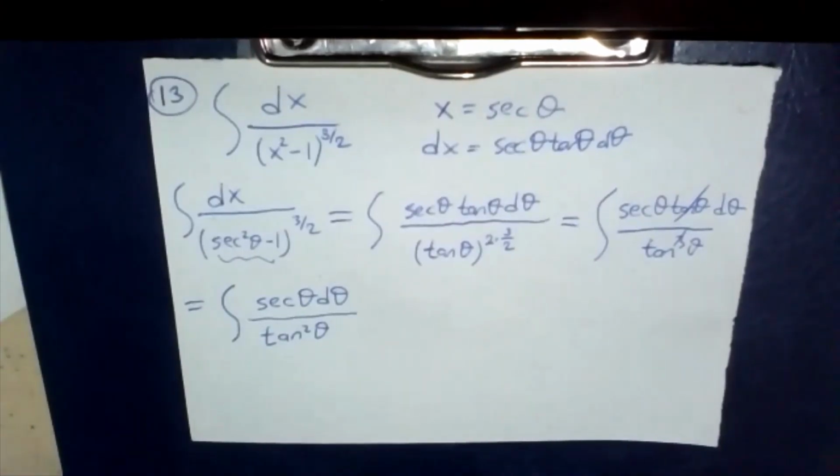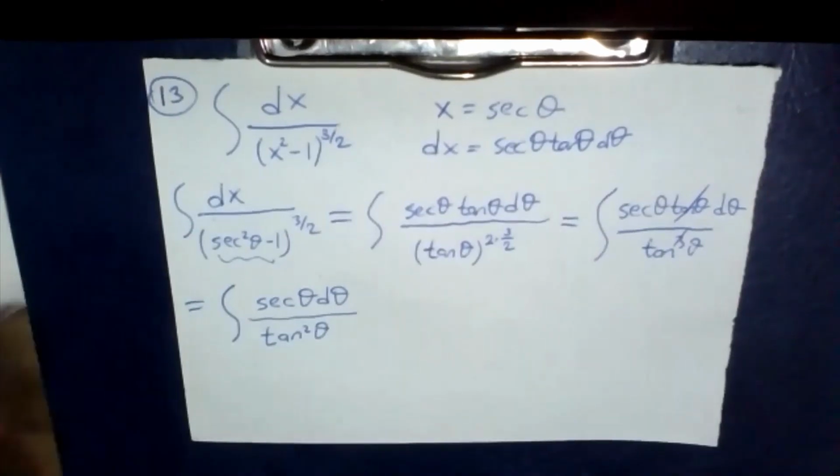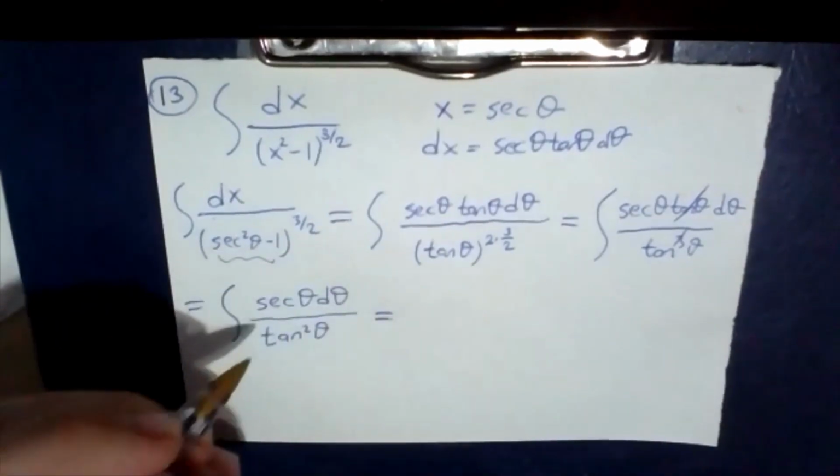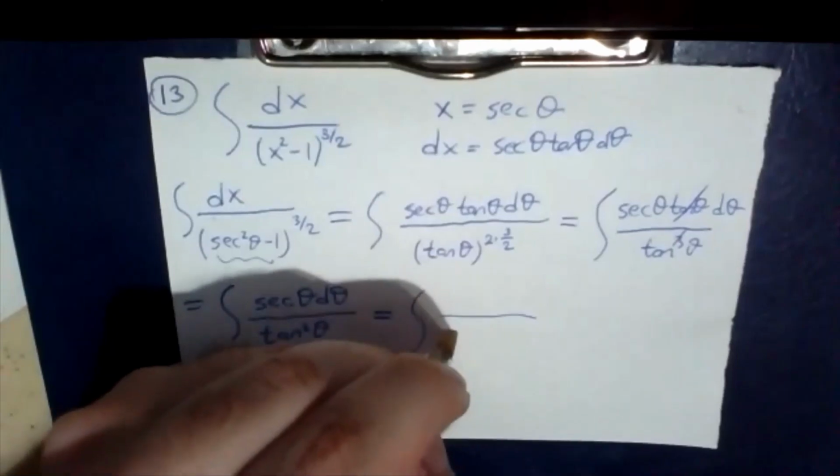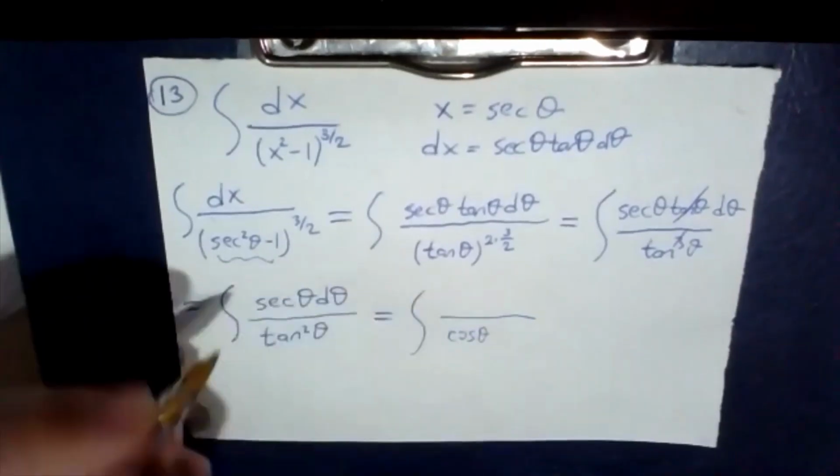How can we continue after this step? By remembering tangent is equal to sine over cosine, and secant is equal to 1 over cosine. If we replace them, for secant theta I am writing 1 over cosine theta.